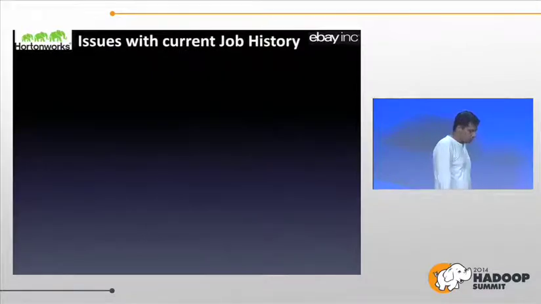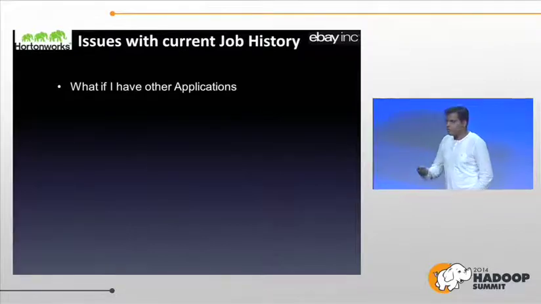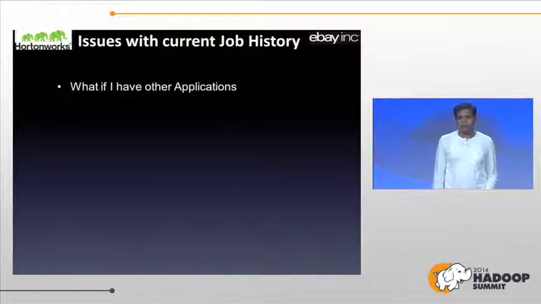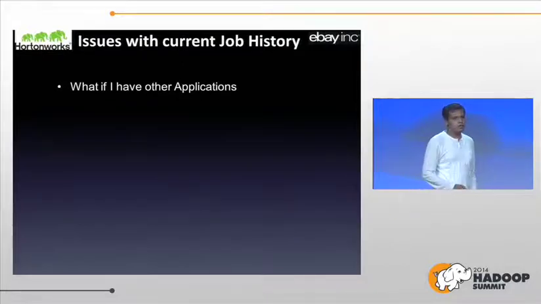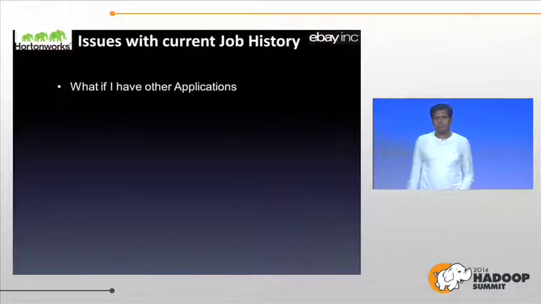So, issues with the current job history server. As I said, there are a lot of drawbacks in the job history server. And if you have any application other than MapReduce, we don't have any solution which can cater to the needs of history.